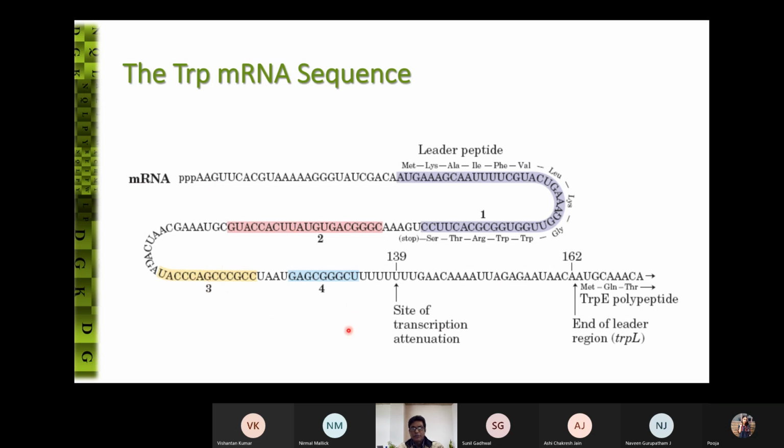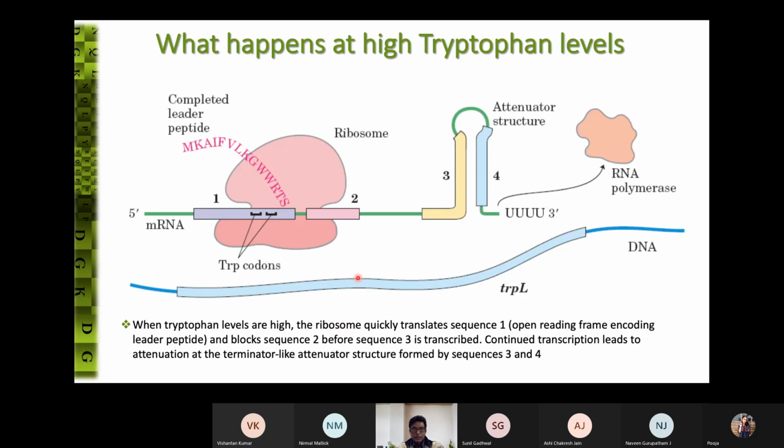But if 3 and 4 are formed, then it inhibits the synthesis and gives you a stop sequence, which essentially removes the ribosome from that sequence and stops the further translation that takes place. Okay, so this is the DNA, and that is the leader on the DNA.